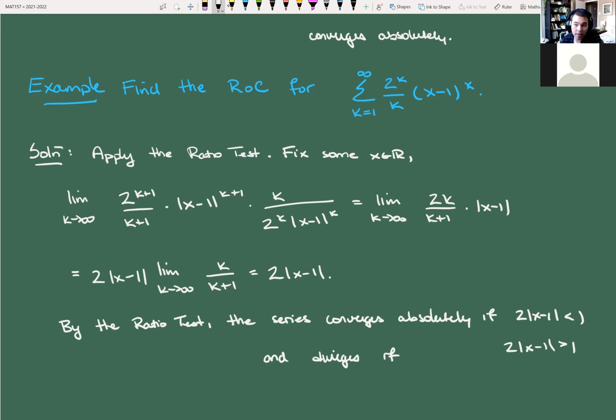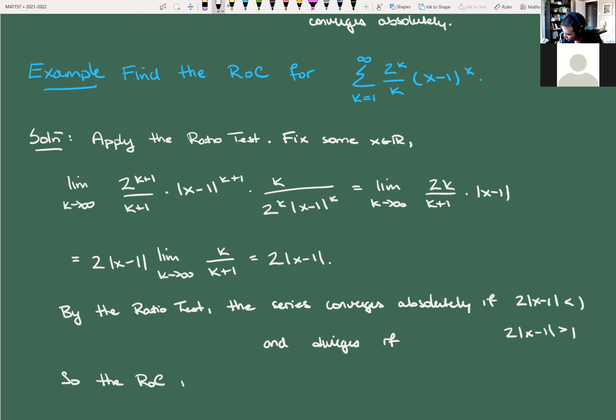And so we can use this now to find what the radius of convergence is by solving for the absolute value of x minus 1. So the radius of convergence is 1/2. And we're done.